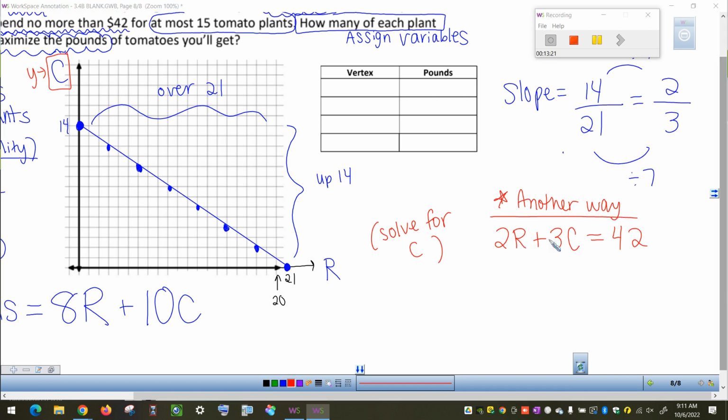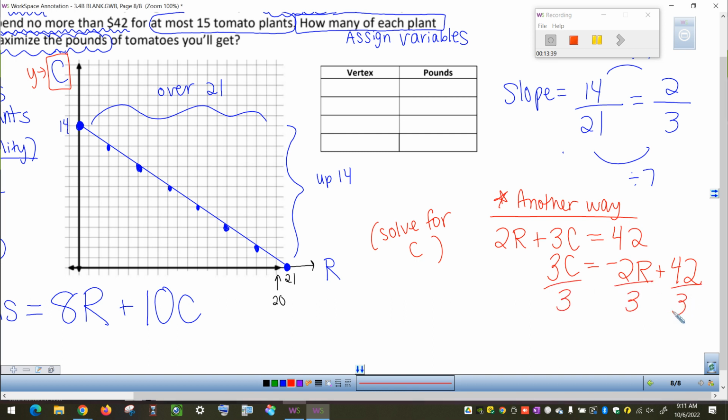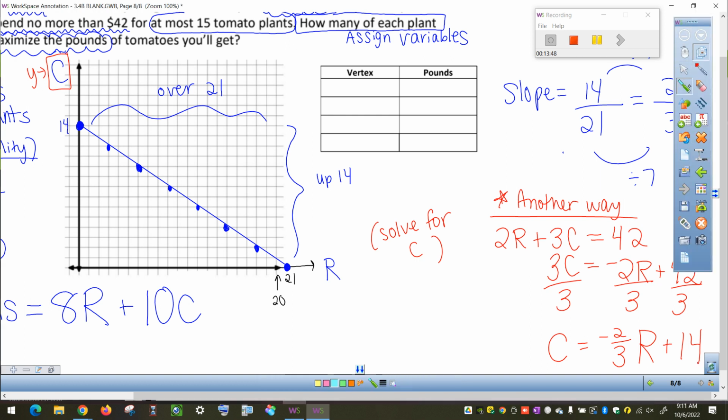So to get the c variable by itself, we could subtract 2r from both sides. So here we have that 3c is the same thing as negative 2r plus 42. Then when we divide everything by 3, we're going to see the same result here, that our slope is negative 2/3.